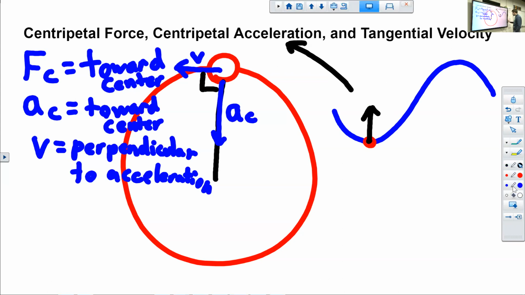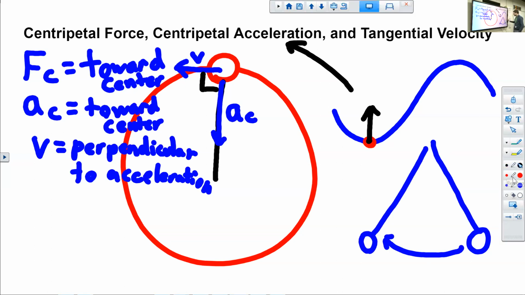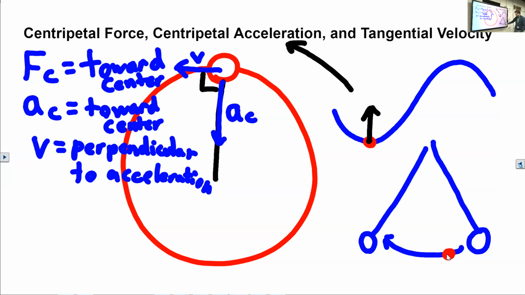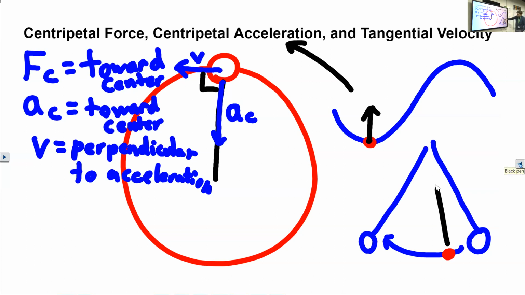If they had some kind of a pendulum system where it was swinging back and forth between two points, and they asked you, which way is the centripetal acceleration pointing at that location? Toward the point of rotation. And velocity will always be tangent to the surface, or perpendicular to the radius.